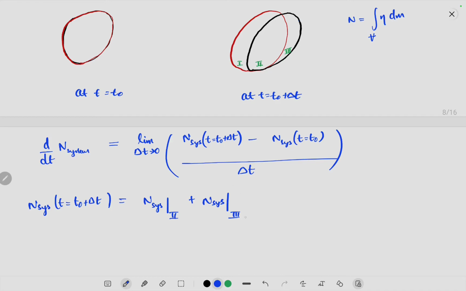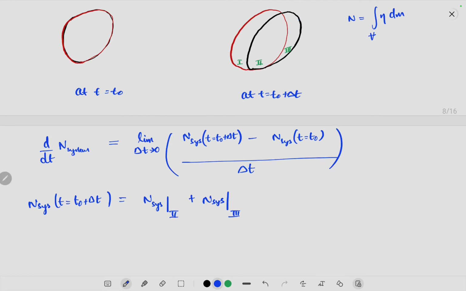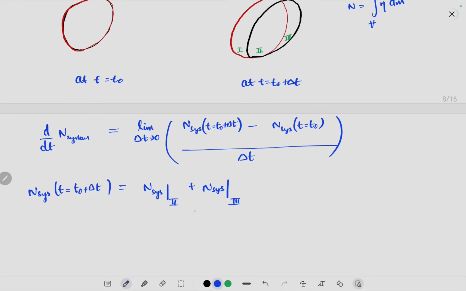Now since we are interested in writing this right hand side in terms of the quantity inside my control volume, I would like to replace one of these quantities with N_system in my CV.